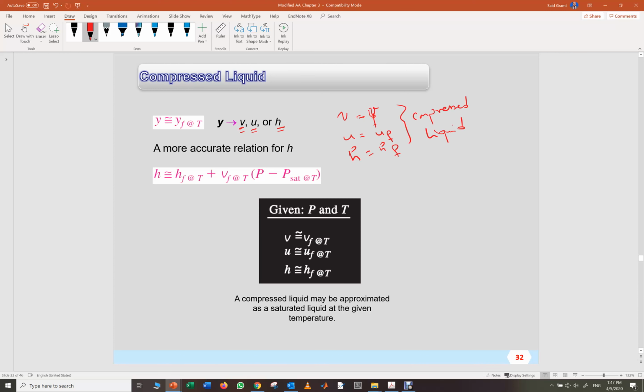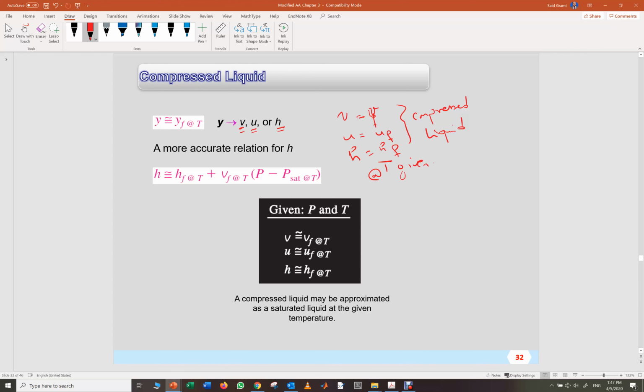So we can approximate V at Vf, U at Uf, and H at Hf at a given T. A more accurate relation for H, for example, is H equals Hf at T plus Vf at T times (P minus P sat at T).